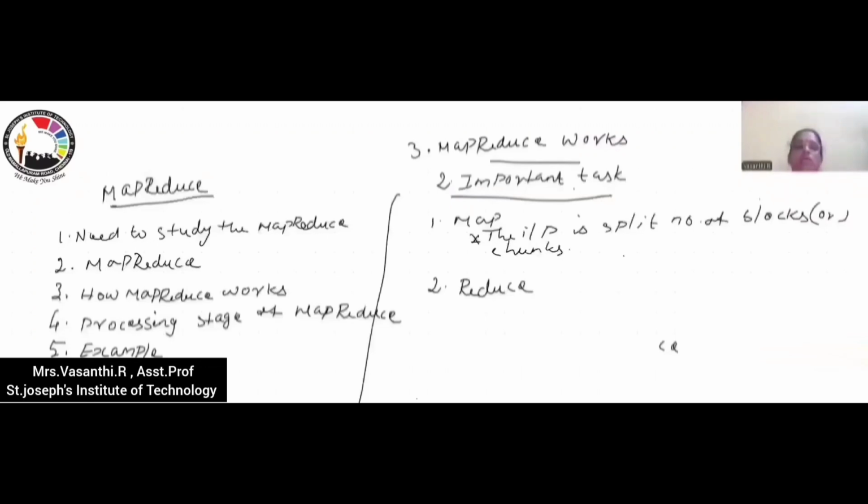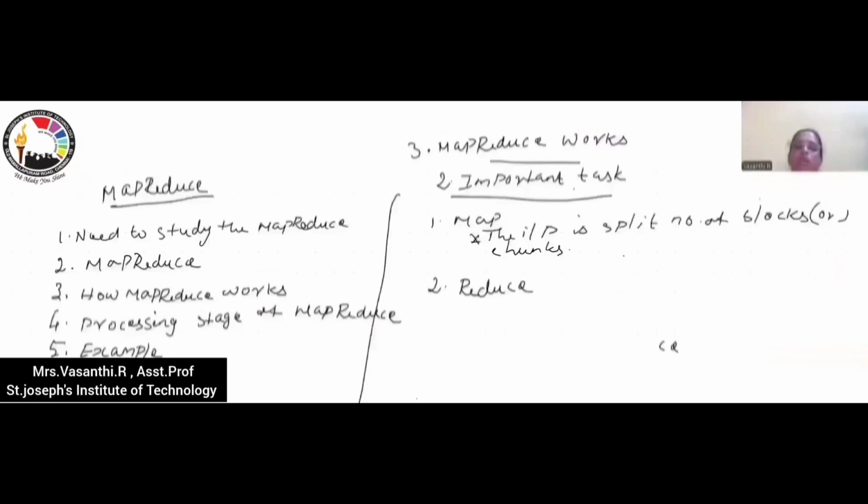Each chunk is processed by the mapper function. The mapper function generates key comma value pairs. Those key comma value pairs are called the intermediate values. Here the intermediate value is a very important thing. Each split input is represented in the form of a key comma value pair, which is called the intermediate key comma value pair.